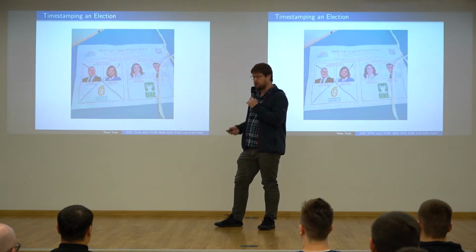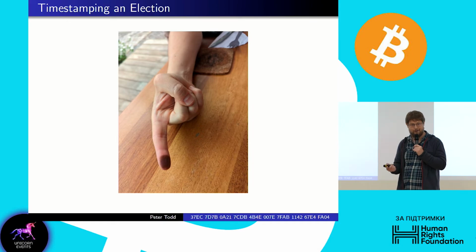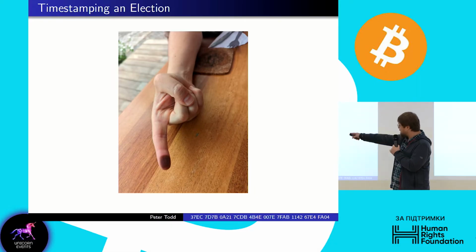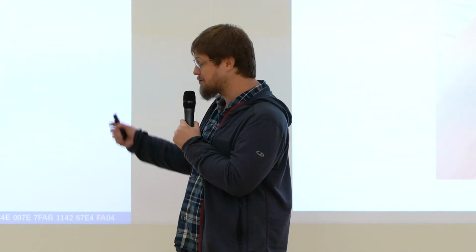They prevent double voting with this clever ink on the finger system. When you vote, you're forced to put ink on your finger, so you can't go to another polling station and vote twice. And if you happen to not have a finger, they have a whole set of rules: we'll use the next finger, the next finger, the next finger, we'll put it on your forehead eventually. It's quite a funny system, but it does work.